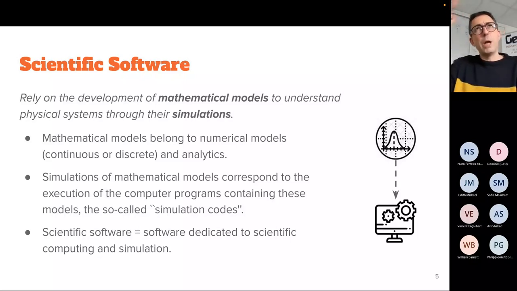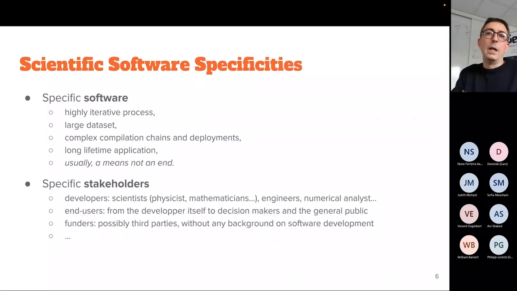So there is a complex software development process, which not only starts from directly discrete models, but possibly starts from continuous models that we first need to discretize. So at the end of the day, if we look at the resulting scientific software, there are some specificities that can be interesting to understand before providing some facilities for scientific computing.